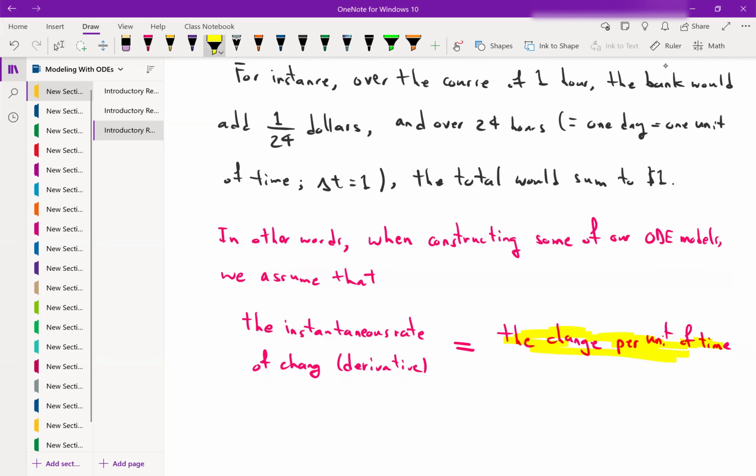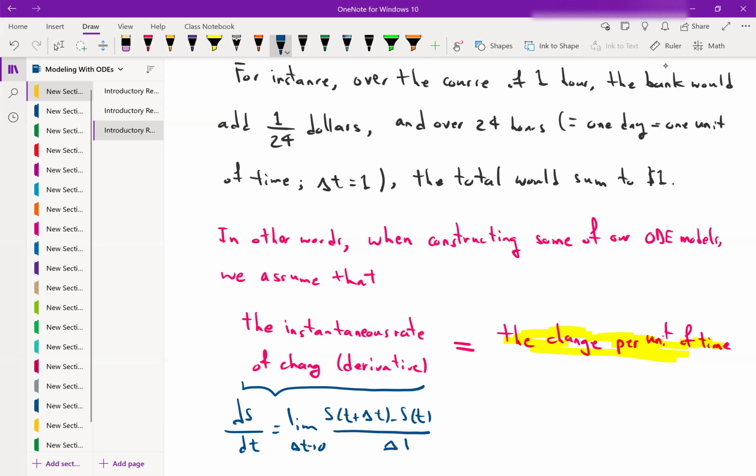Just in terms of mathematics, this left-hand side is ds/dt, which is the limit as delta t goes to 0 of s of t plus delta t minus s of t, divided by delta t.